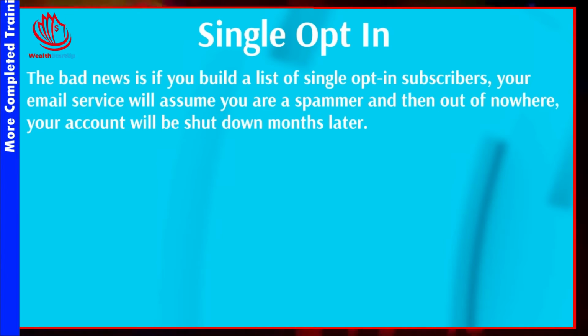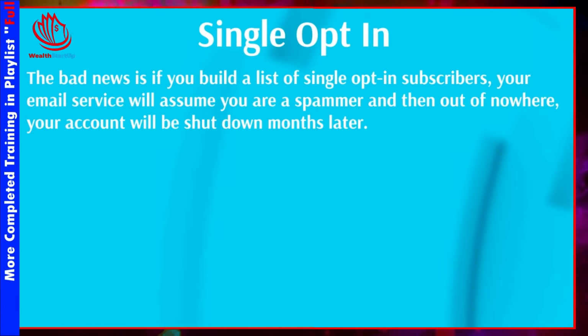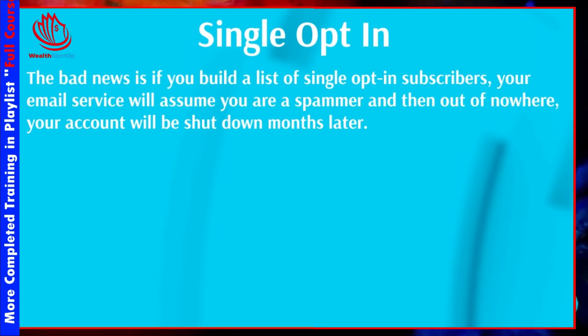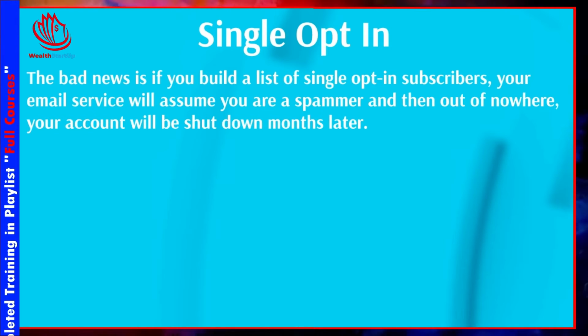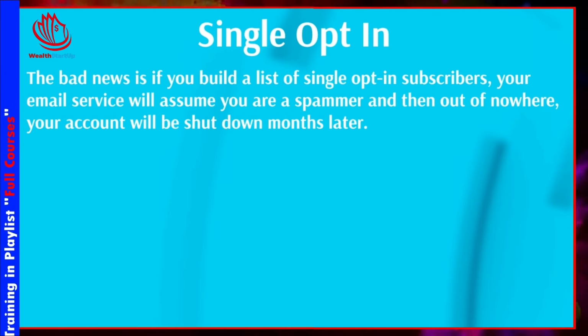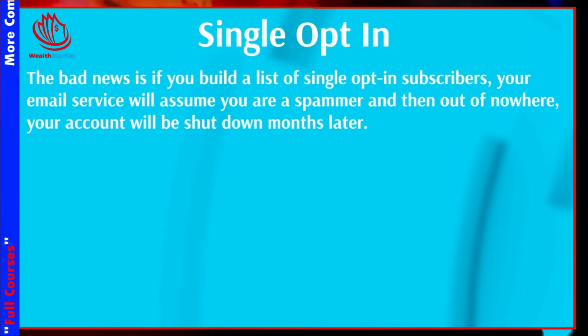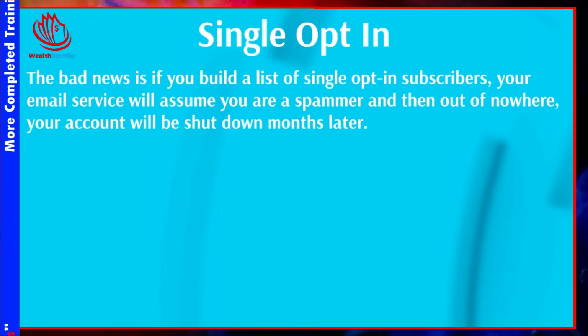So the bad news is if you build a list of single opt-in subscribers, your email service will assume that you're a spammer, and then out of nowhere, your account will get shut down months later. Or worse, you can continue emailing them, but all these different email service providers, or what we call ESPs, like Gmail, AOL, and more, they will start listing you and blacklisting you as a spammer.